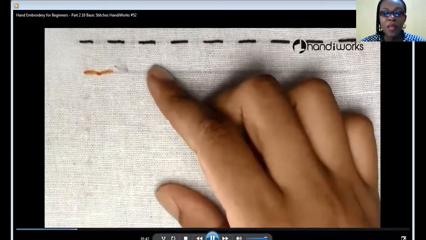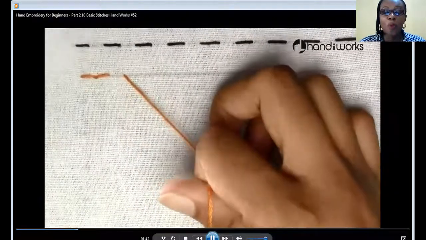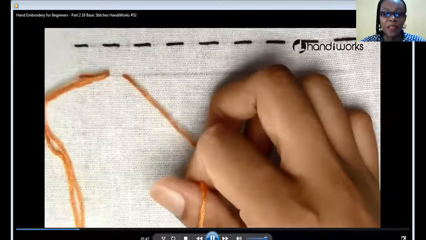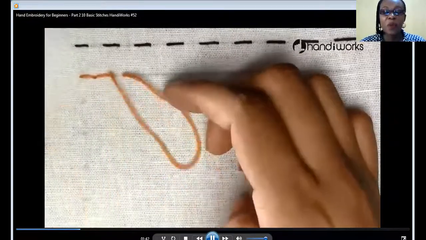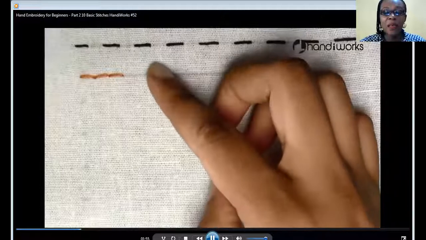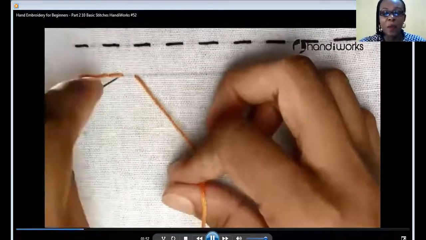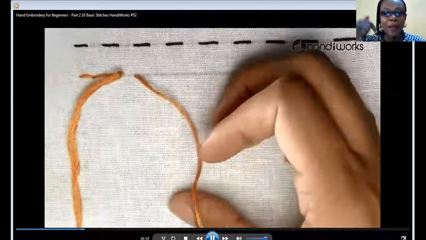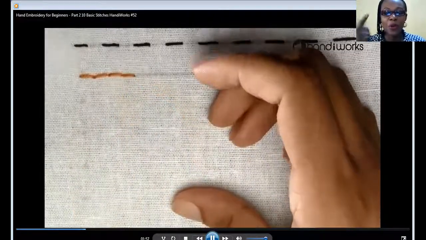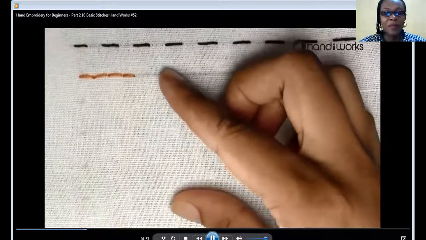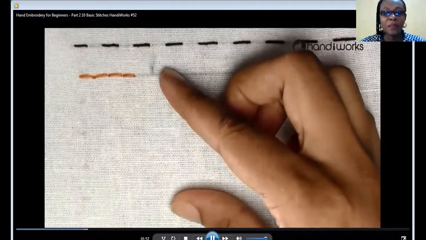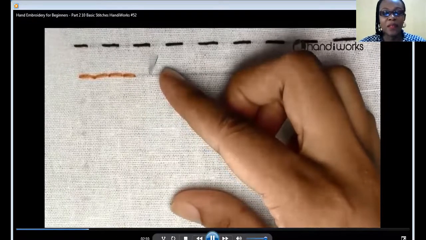You can see the way is opposite the running stitches. If you look at it very closely, what she's doing is opposite the running stitches, because she started it from the back, now passing the needle and thread to the front. Wow, interesting. Back stitches.